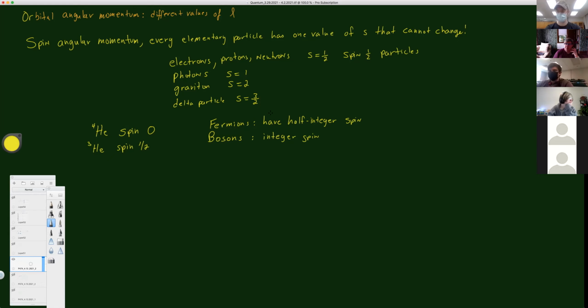Okay, so we're going to concentrate on spin 1/2, because we like electrons. So that's little s equals 1/2. And remember, that does not change, right? Once we say this is what we're dealing with, little s does not change.